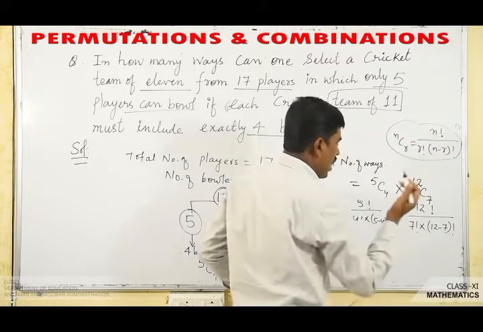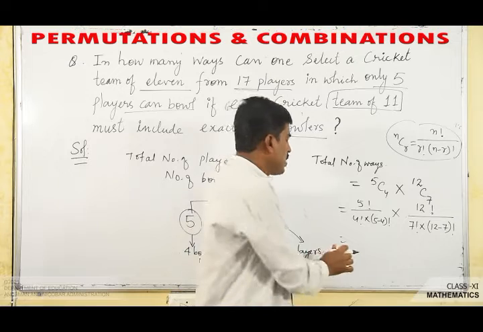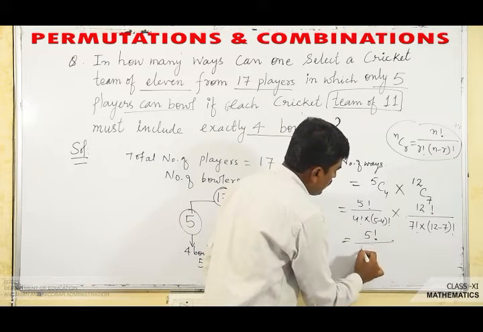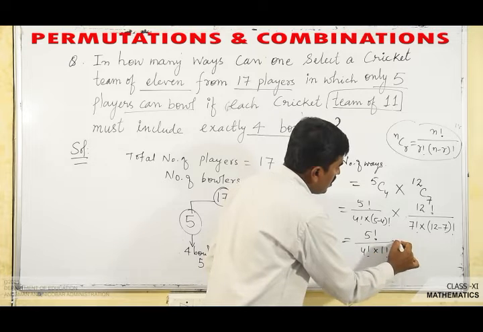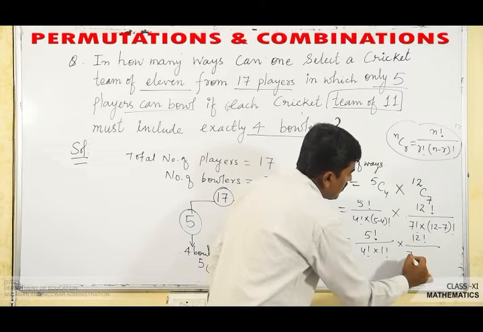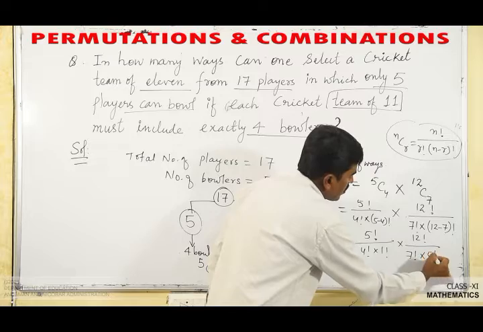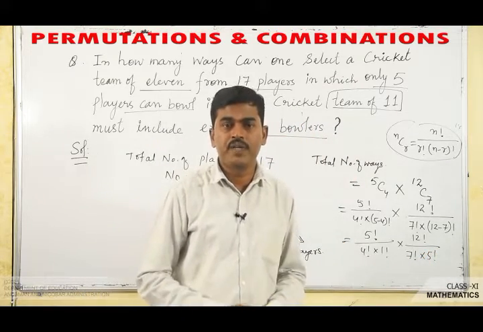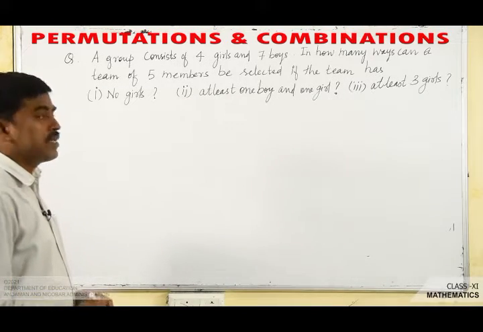So you have to use this formula and simplify it, and you will get the answer. You will get 5 factorial divided by 4 factorial into 1 factorial, into 12 factorial divided by 7 factorial into 5 factorial. Now you know how to calculate these factorials. Okay, clear? Now let's move on to the next question.